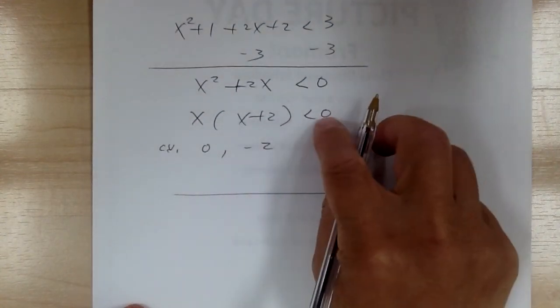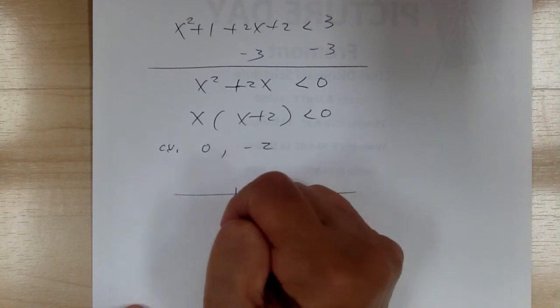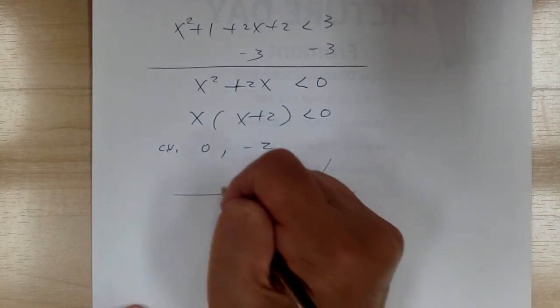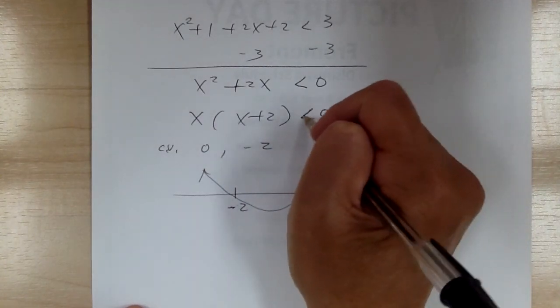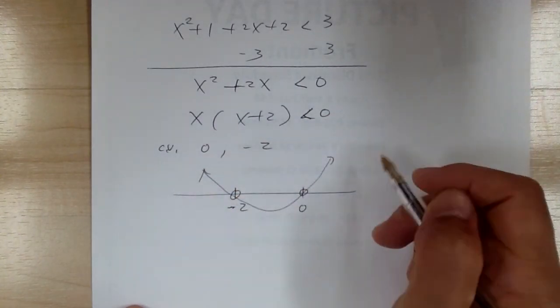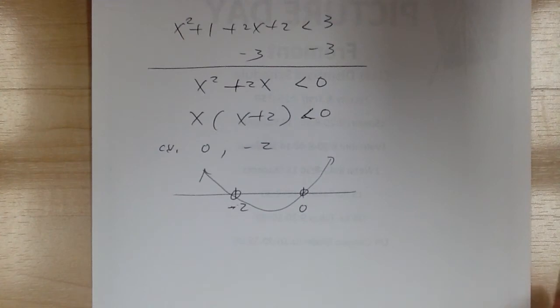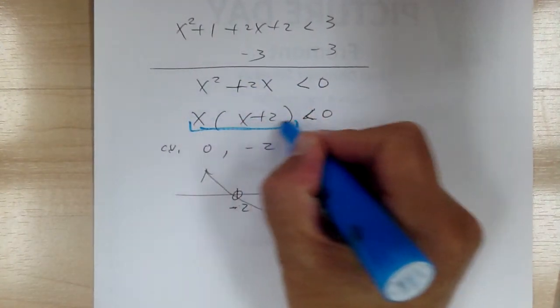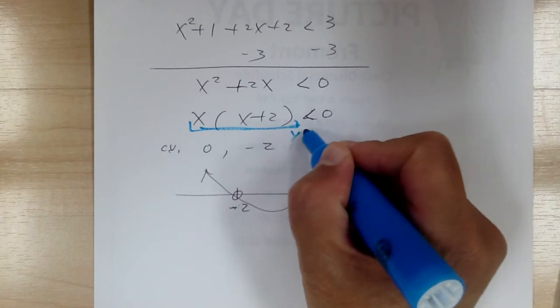Okay, so again, when you have inequalities, you have to remember to do this. And this is going like this. And this is less than, so there's an open circle. And you're looking for the part that is less than 0. Remember this is like your y. So you got y is less than 0.